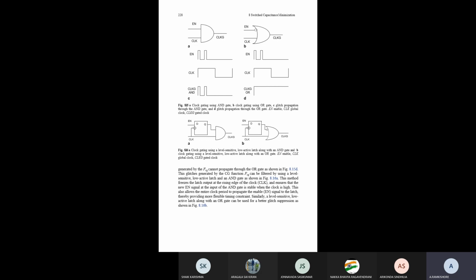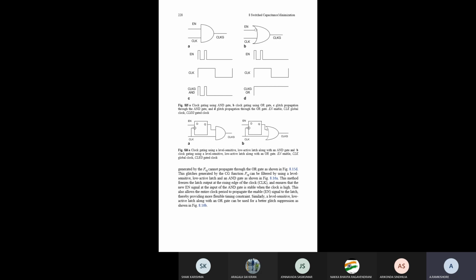If the output of the CG function FC is 0, the output of the AND gate is forced to 0. Already we know the AND gate operation: if any one of the inputs is 0, the output will be 0.